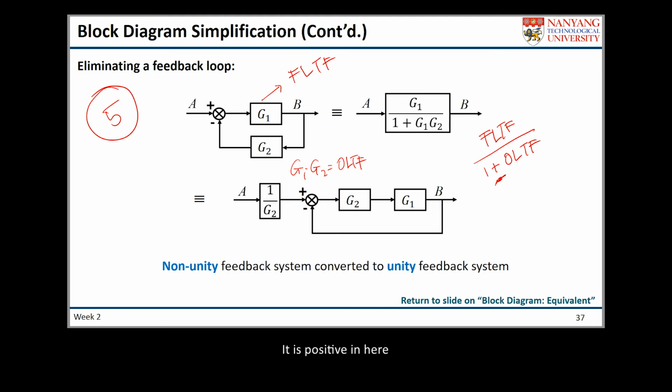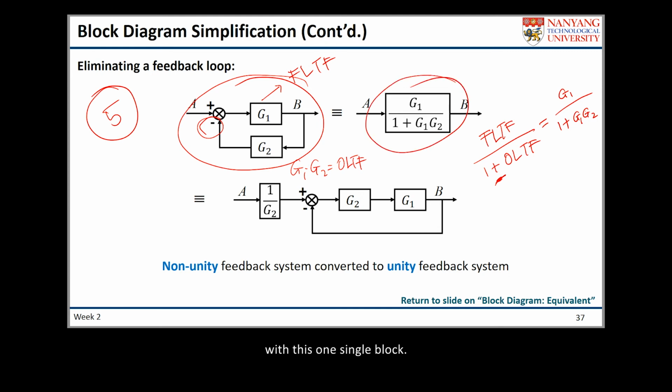It is plus here because we have negative feedback. So this will be equal to G1, the forward loop transfer function, over 1 plus G1 G2, the open loop transfer function. So I can replace this subsystem that you might have in your complex block diagram with this one single block.